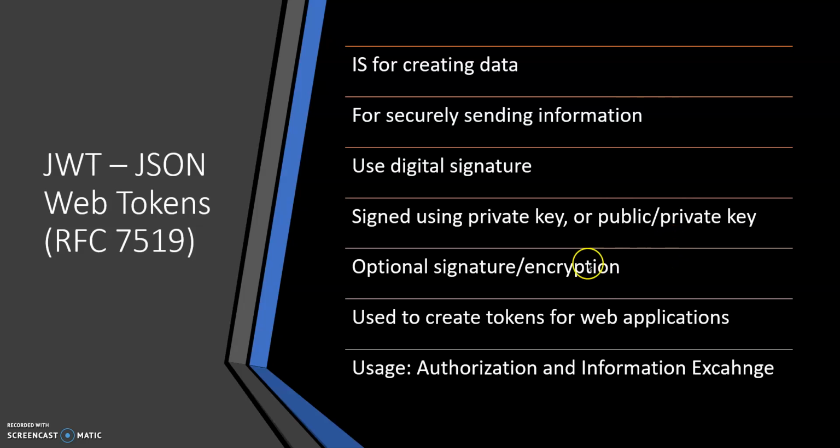The signature and encryption in JSONs are optional, and JWTs are basically used to create the tokens for web applications, and its main use is in authorizing the user and for exchanging information.